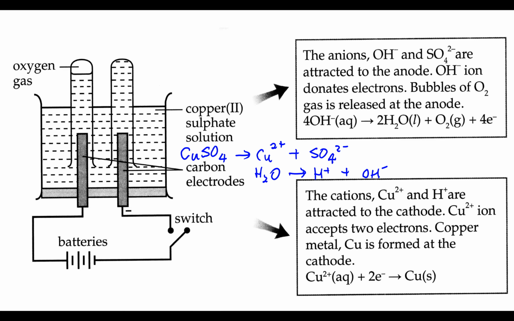In this case, both cations, the copper 2 plus as well as the hydrogen plus, will be attracted to the negative cathode. On the other hand, the negatively charged anions, the sulfate ion and the hydroxide ions, will be attracted to the positive anode.